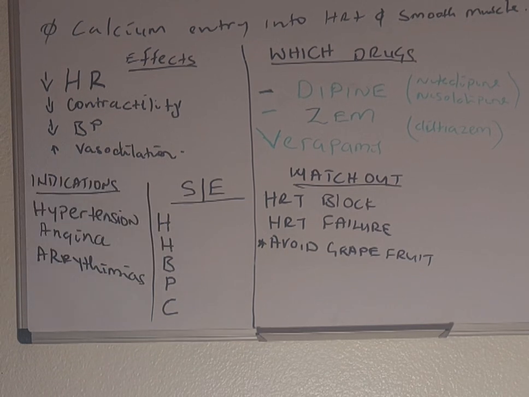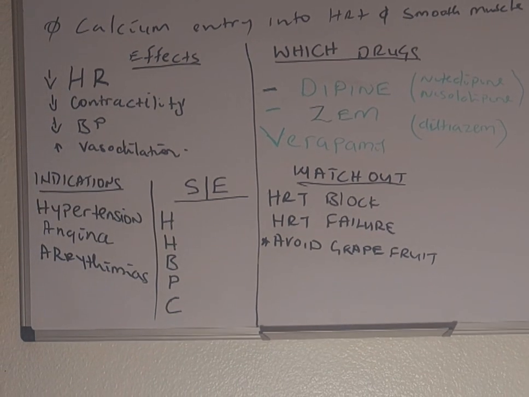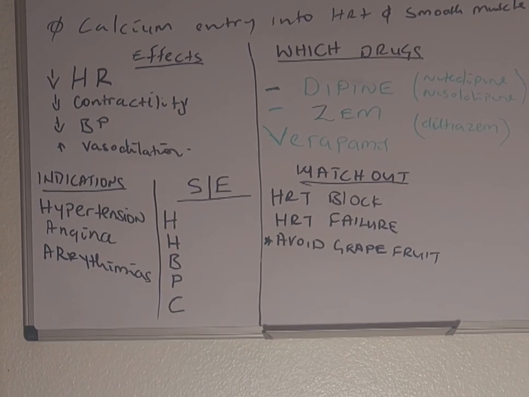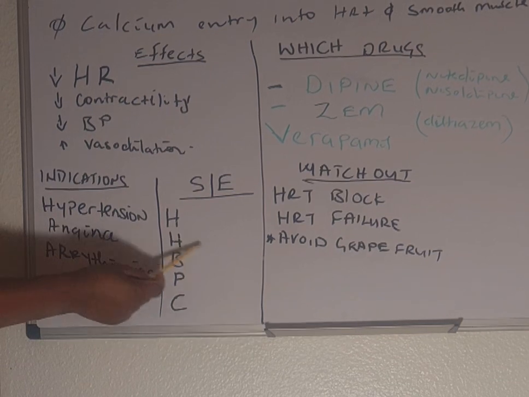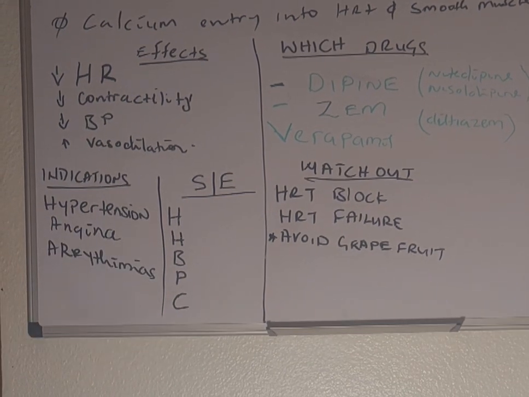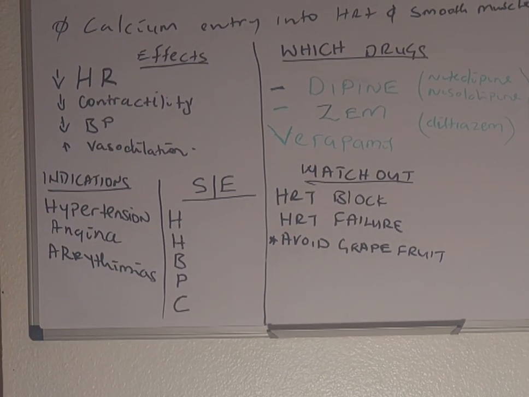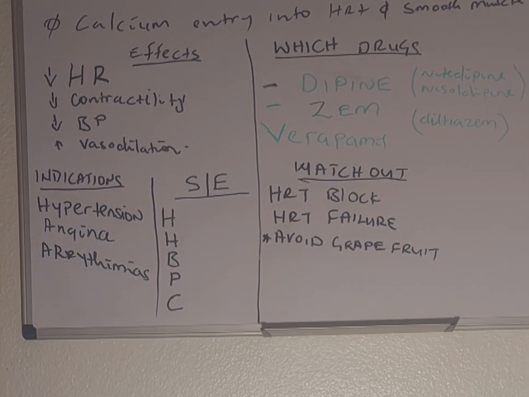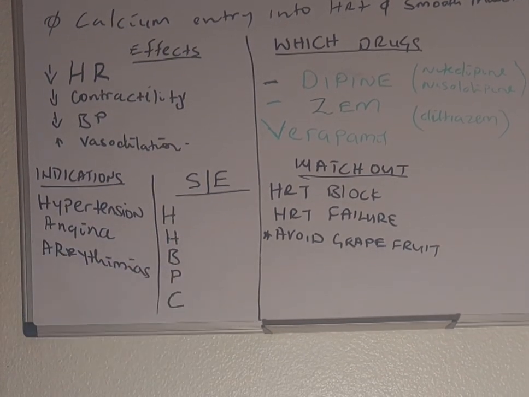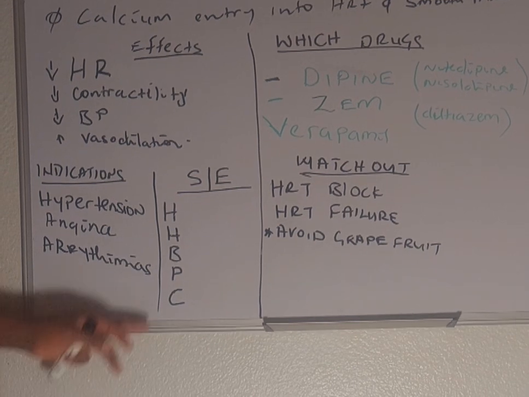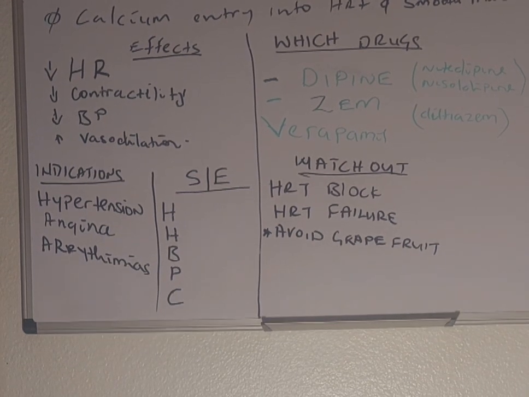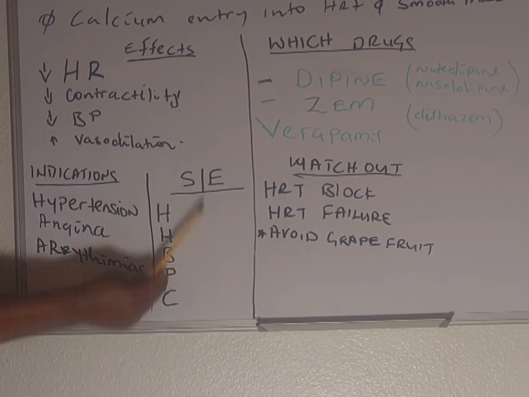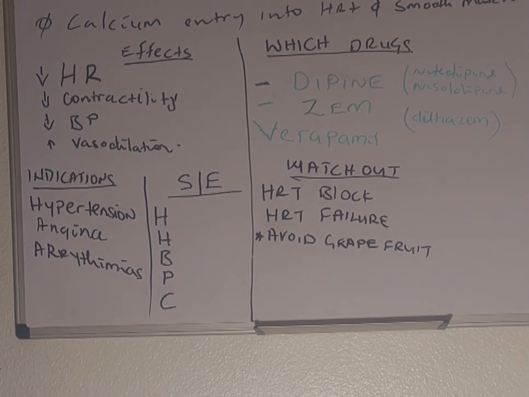Then hypotension, because they cause vasodilation, so they are going to cause hypotension. Bradycardia, because they reduce the muscle contractility of the heart, they cause bradycardia. Then peripheral edema, they also cause peripheral edema. Then they also cause constipation, especially verapamil. This drug causes constipation.